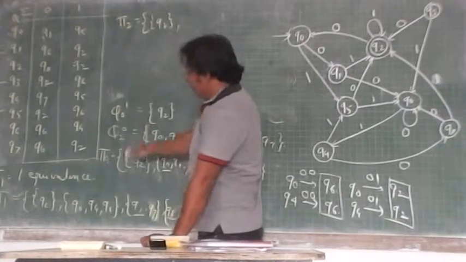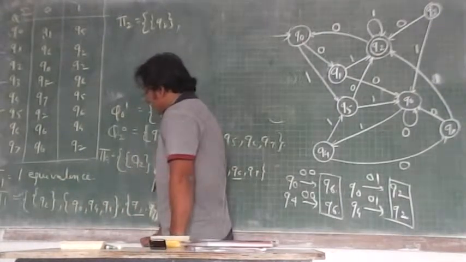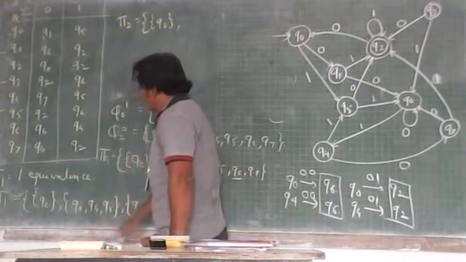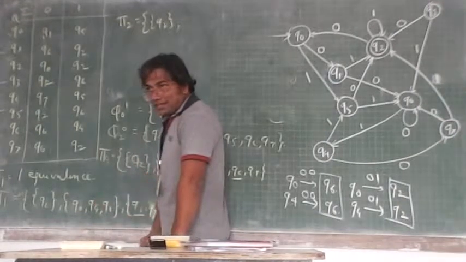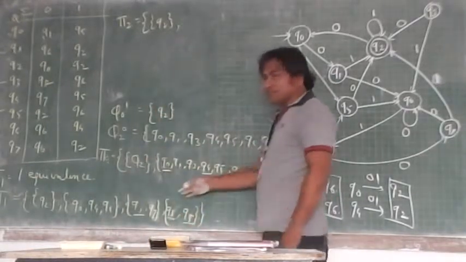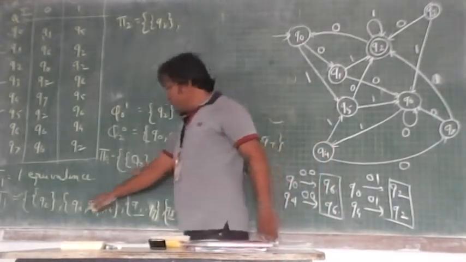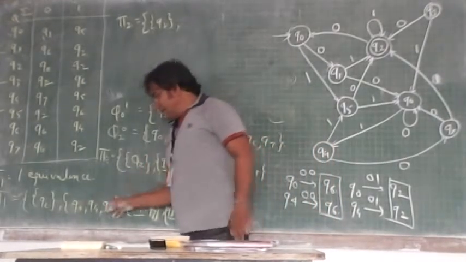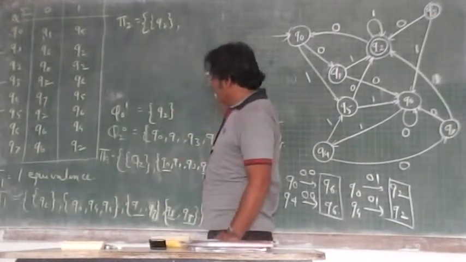Okay? So let's see Q0, Q4, Q6. Q0 and Q4. अभी इसमें हम लोग और पार्टीशन कर सकते हैं कि देखना है. ठीक है? We partition this much partition we found. Again we have to see that is it possible to partition here. So how to partition that?